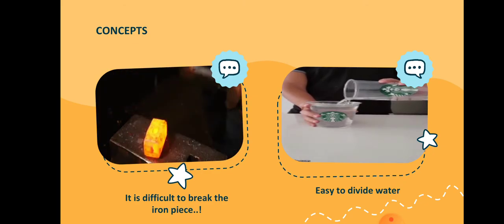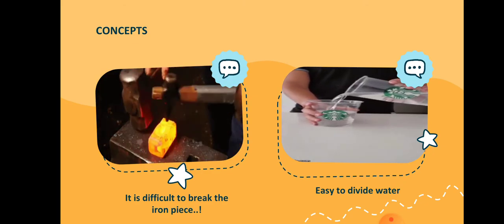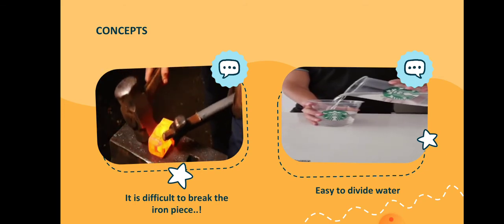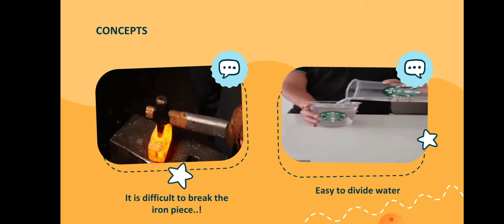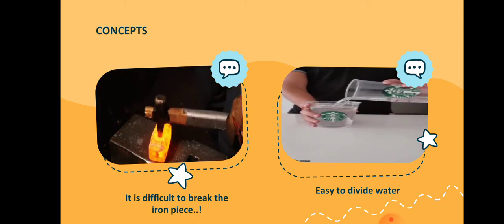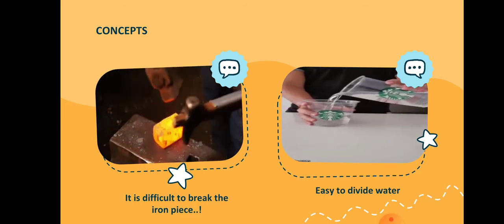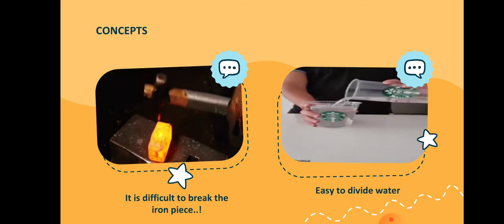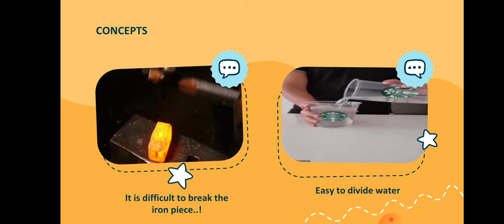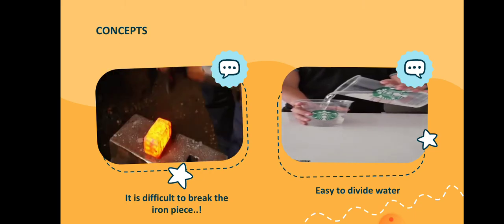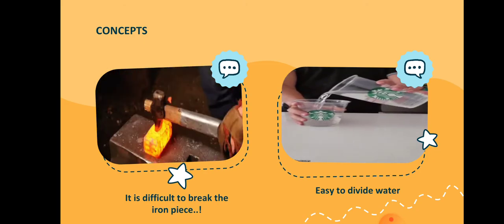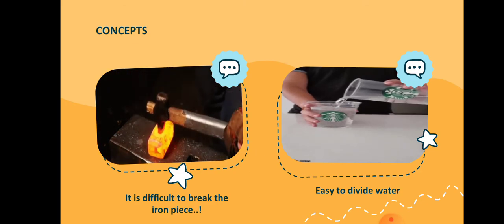We will study the third property of the molecule. Before talking about the third property of the molecule, try to break a piece of iron. Is it easy or difficult? It is difficult. Very good. And try to divide an amount of water into portions.